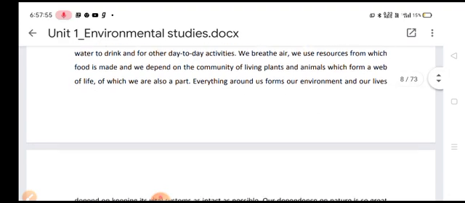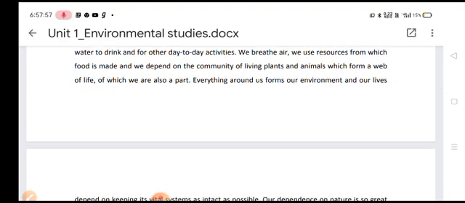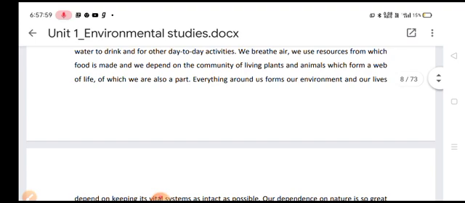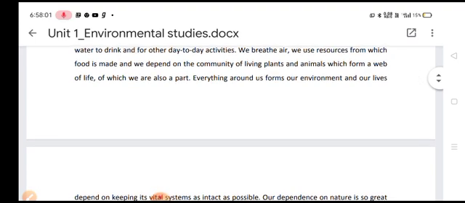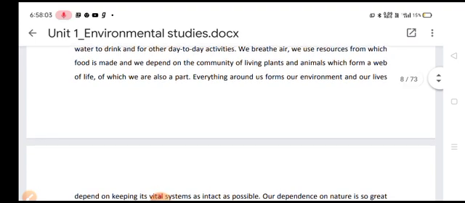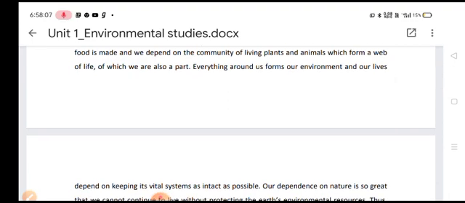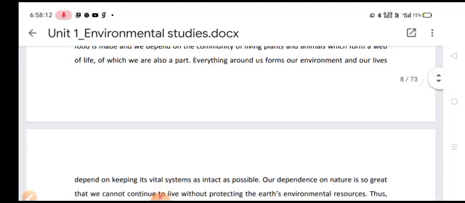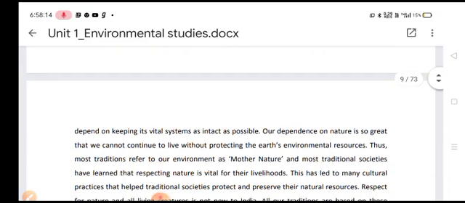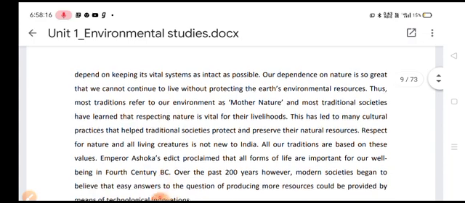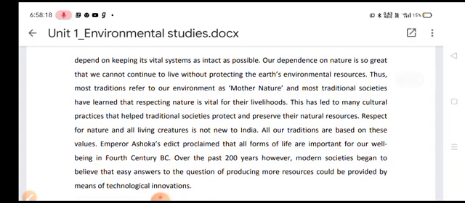We use water to drink and for other day-to-day activities. We breathe air, we use resources from which food is made, and we depend on the community of living plants and animals which form a web of life of which we are also a part. Everything around us forms our environment, and our lives depend on keeping its vital systems as intact as possible.